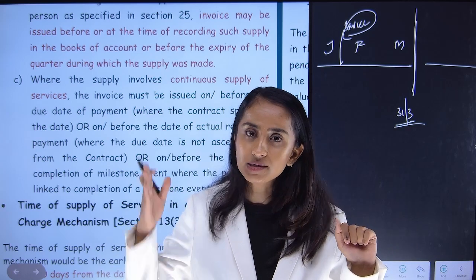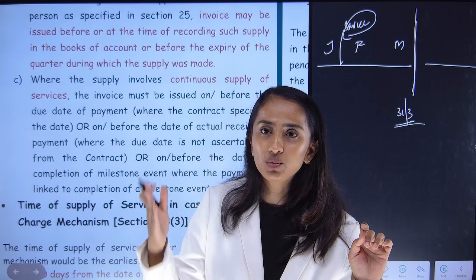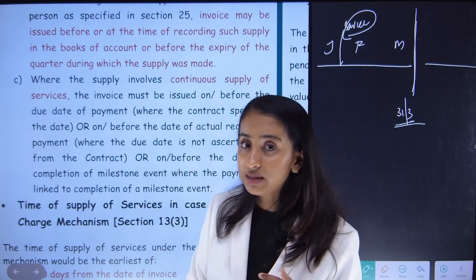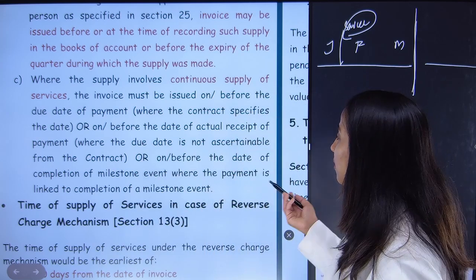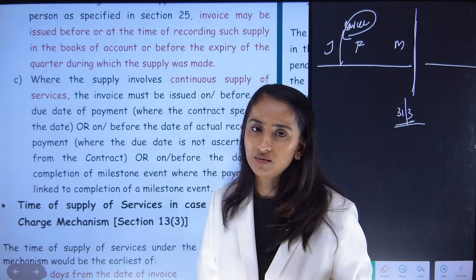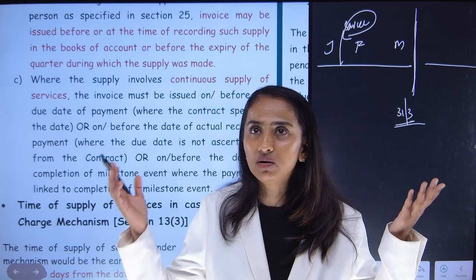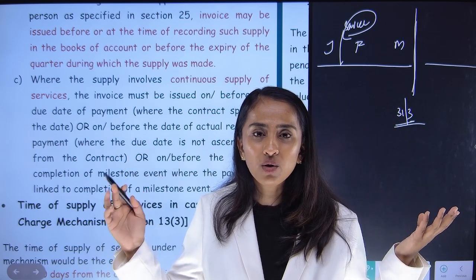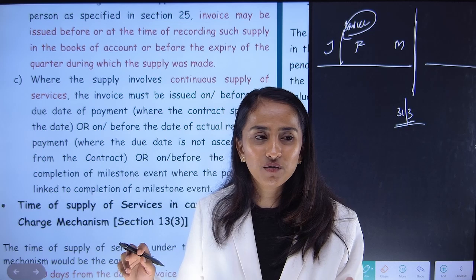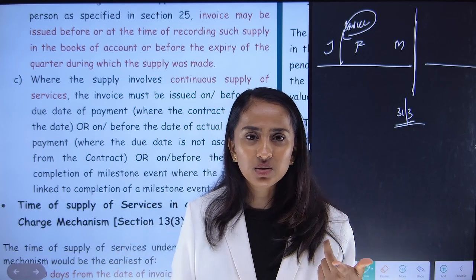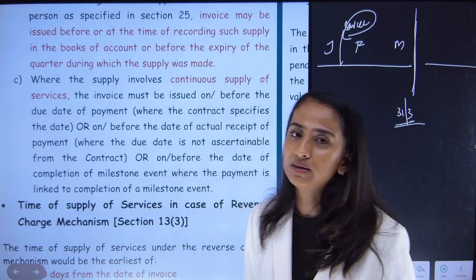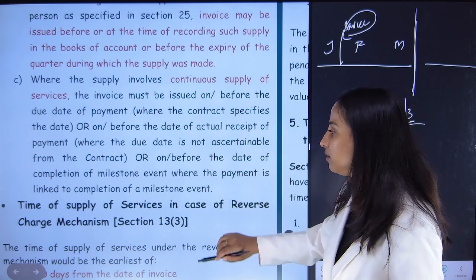So if the due date is already specified, then within that due date you should raise the invoice. But if the due date is not specified or it is not ascertainable, on the completion of certain milestone event, let's say you are building an office space. Now when you get a completion certificate, or when you get some certification from the authority, let's say some milestone event, on that event also you can raise an invoice.